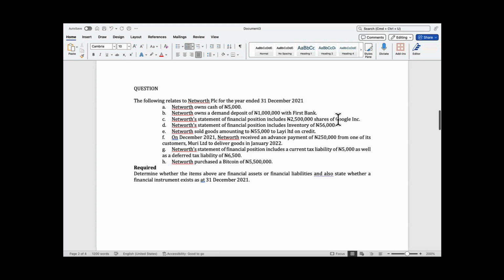He got it wrong when he said Google has a financial liability. No, Google doesn't have a financial liability. Google has equity, because I explained this before: when you are raising money, you need shareholders. That is an equity instrument. So Google has an equity instrument. It's very important you don't miss that again.